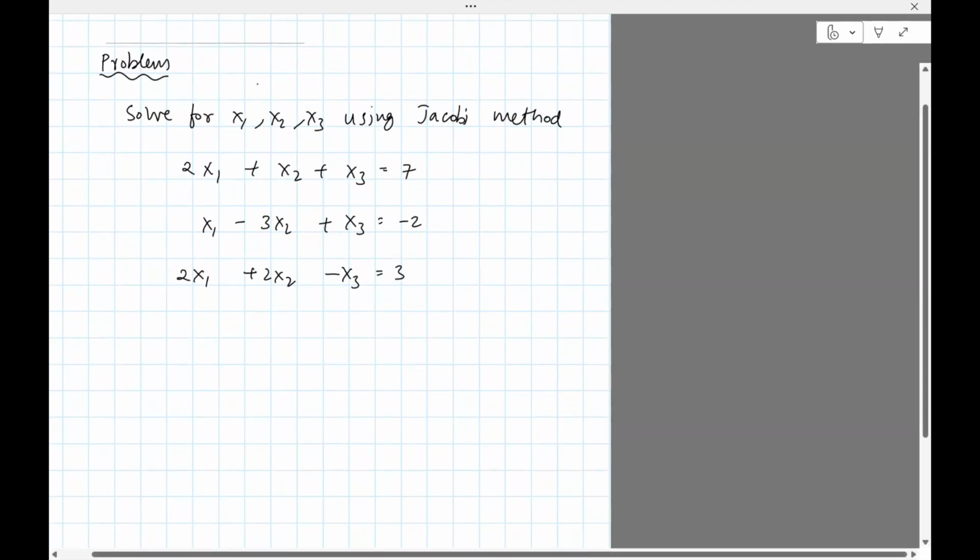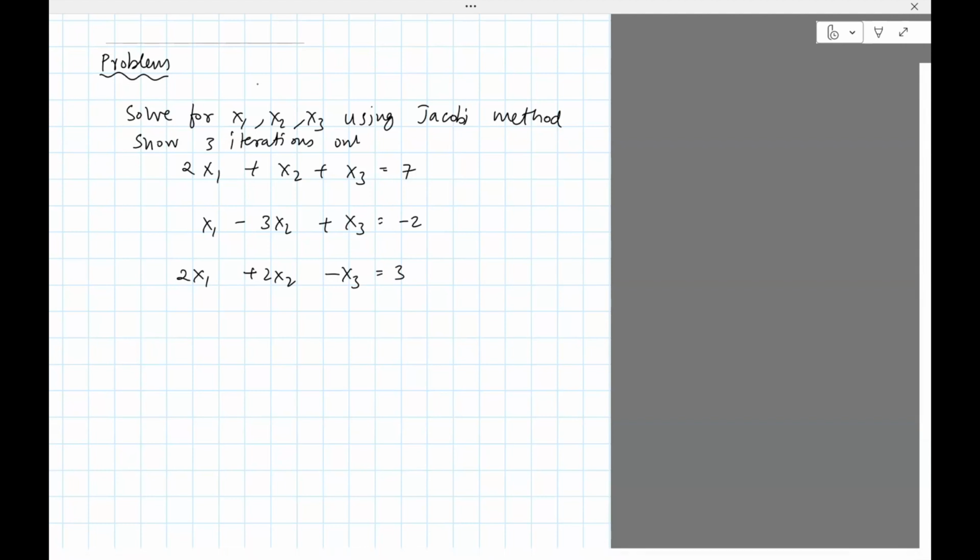Solve for, show 3 iterations. Okay, I'm going to say 3 iterations because it's going to take a long time to solve this. I used an Octave code to solve this. It took me 583 iterations to solve this. It's not very fast, but then we'll come to faster methods.